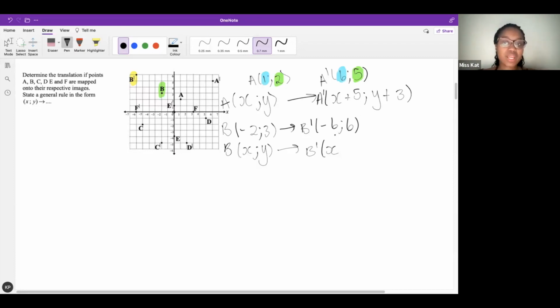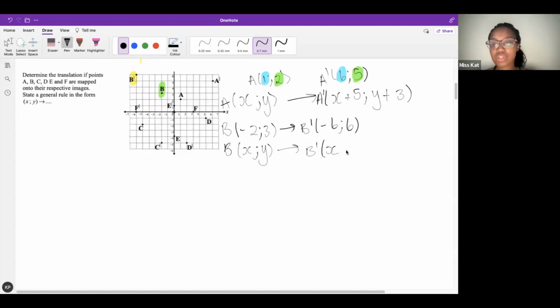Going from -2 to -6, look at the x-axis. -2 is over there. -6 is over there. So we're subtracting because we're moving backwards. We're going to the left.